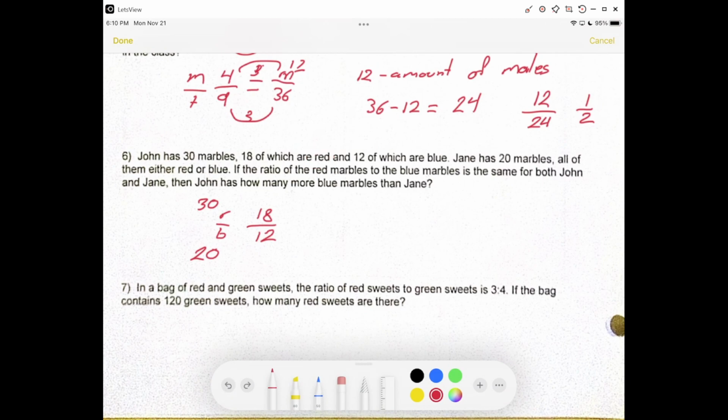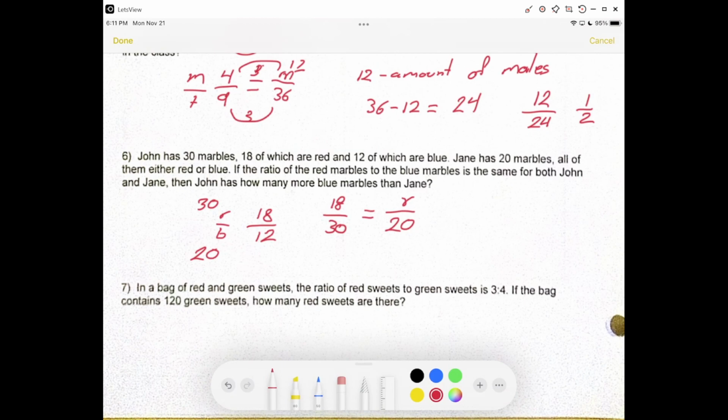We know that the ratio between red marbles and whole is 18 to 30, right? And we know that Jane has 20 marbles. So her total is 20, and what we want to find out is how many red marbles there are. So let's do that.